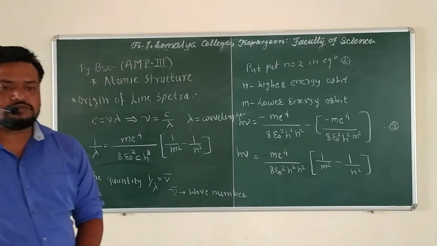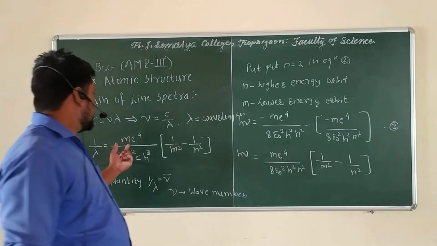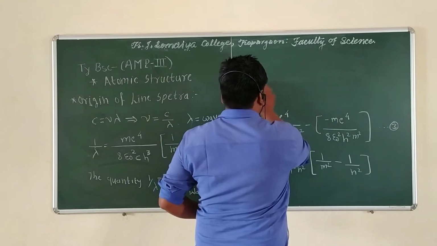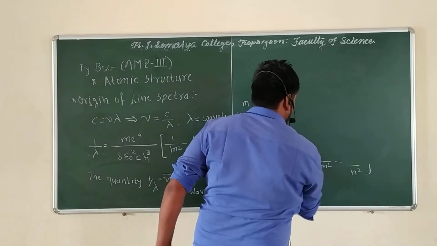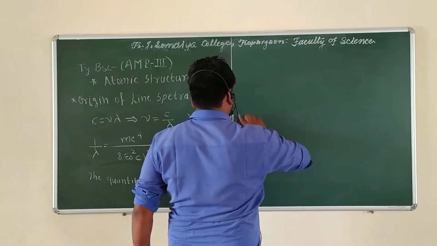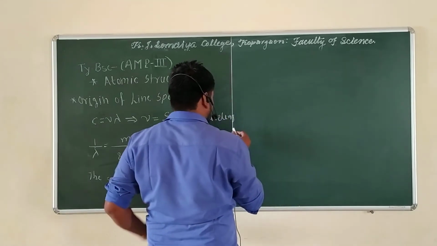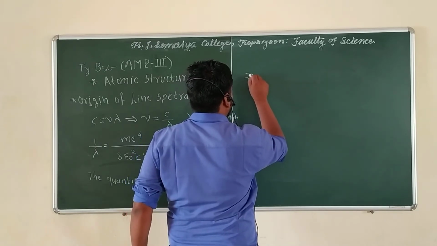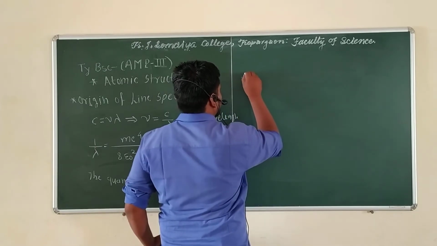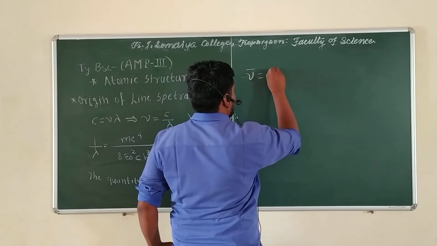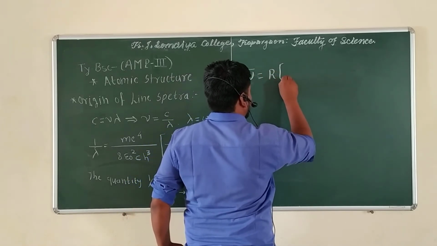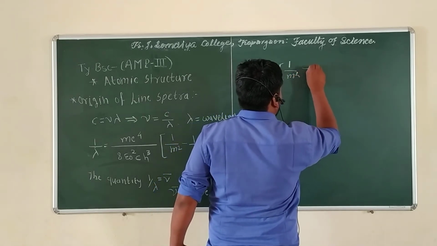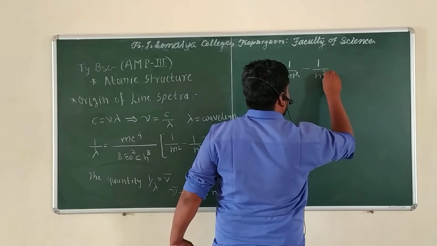Okay, and this factor is R. So I want to write the formula here: nu bar, that is the wave number, is equal to R into 1 by m square minus 1 by n square.